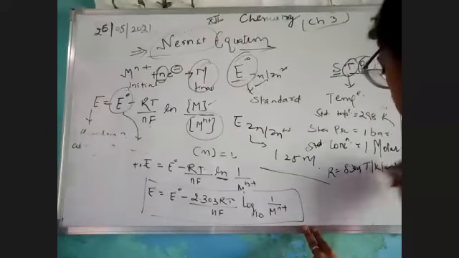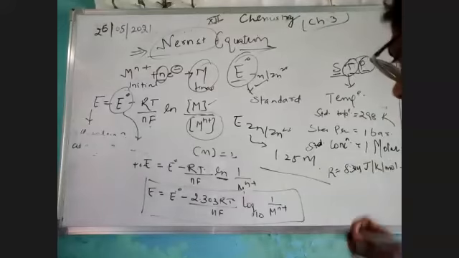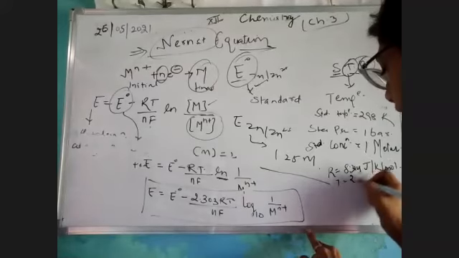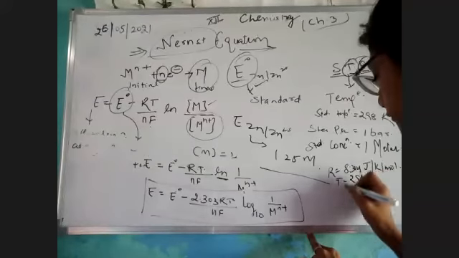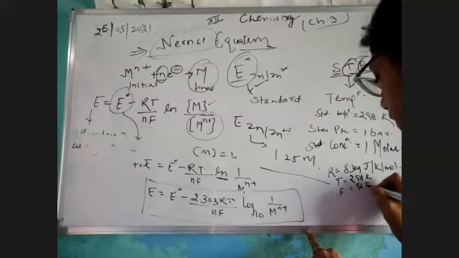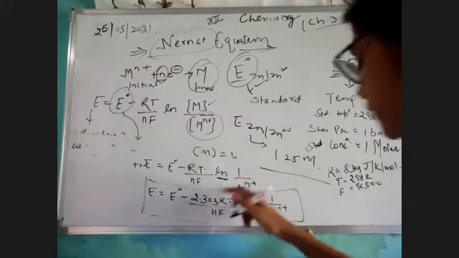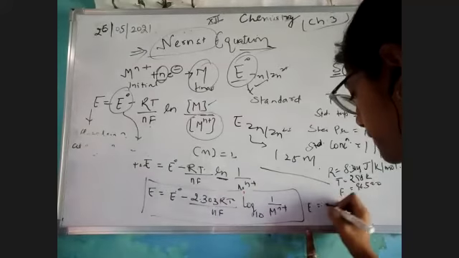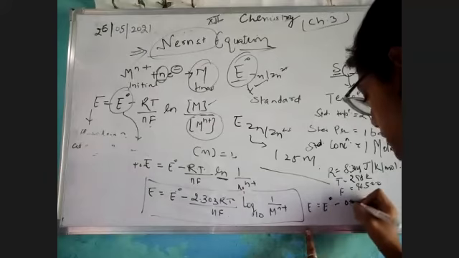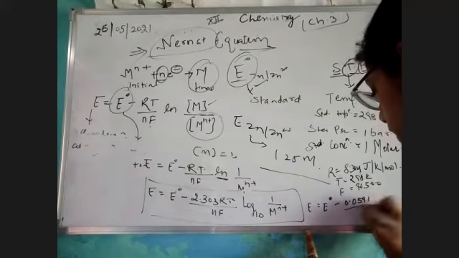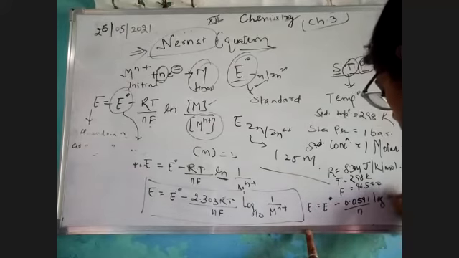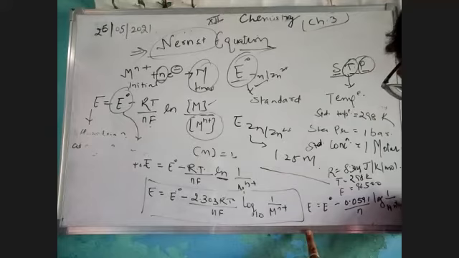You have studied this in your 11th class. This is my gas constant. T equals 298 Kelvin. F is Faraday, that is 96500. If we put all these values, my E would become E naught minus 0.0591 divided by n log 1 over Mn+.